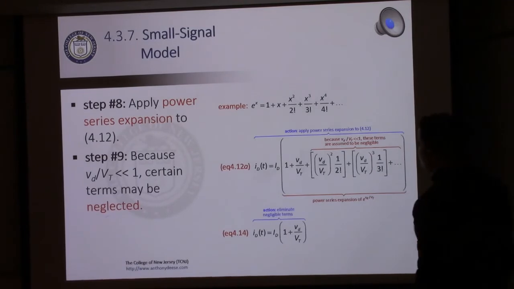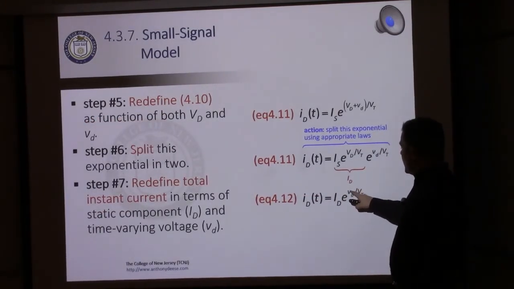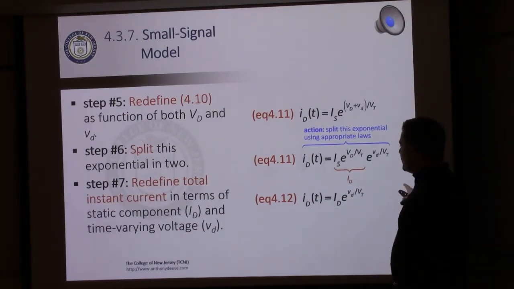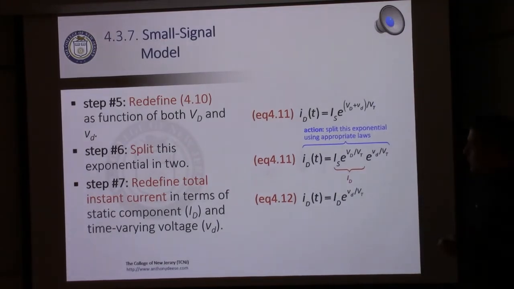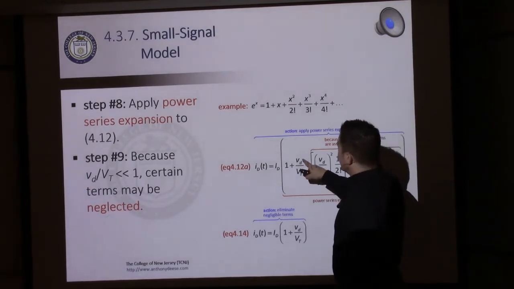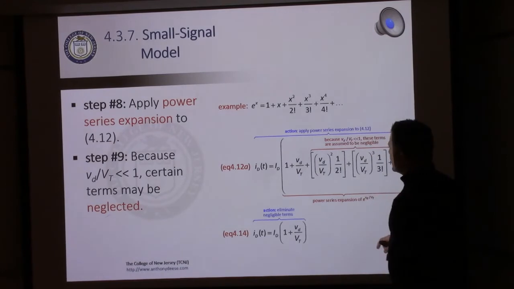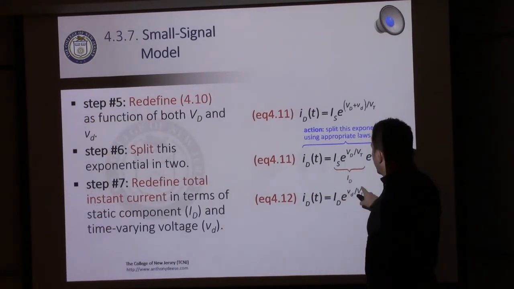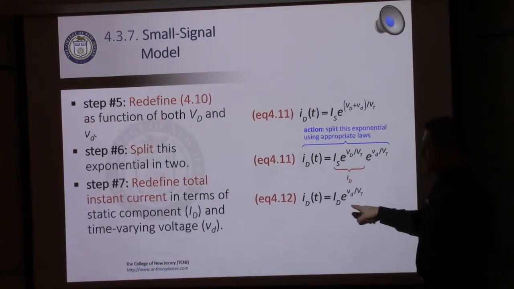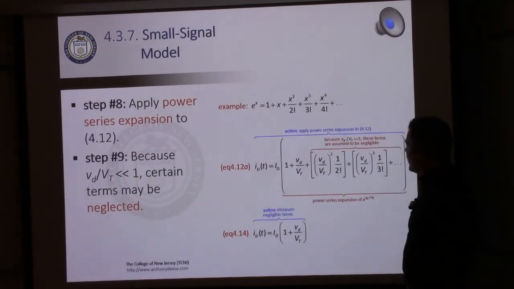So we can replace e to the little v, little d over Vt with 1 plus little v, little d over Vt plus that value squared over 2 factorial plus that value cubed over 3 factorial. That's what we have here, where we're using little v, little d over Vt in place of x. So we took this value and replaced it with the power series expansion of it.